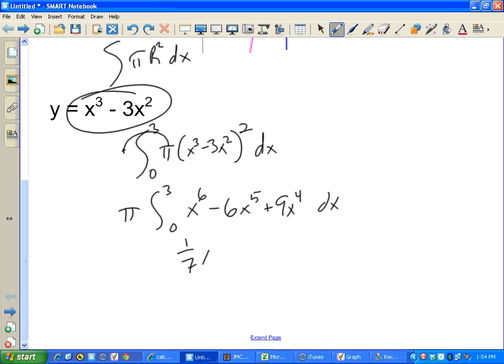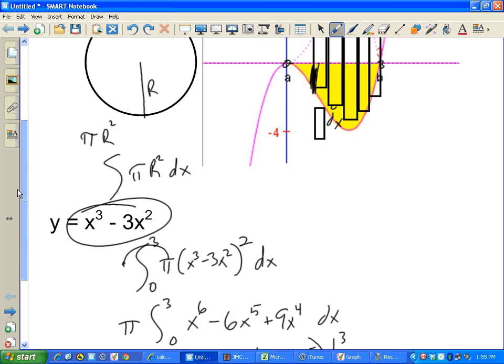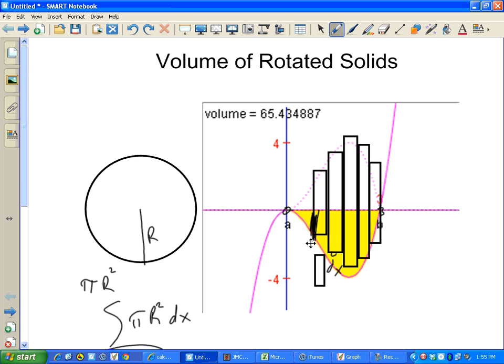So it'll be 1/7 x to the 7 minus x to the 6 plus 9/5 x to the 5 evaluated from 0 to 3. Oh, and I've got this whole thing times pi. That would give me the actual volume of the rotated solid.